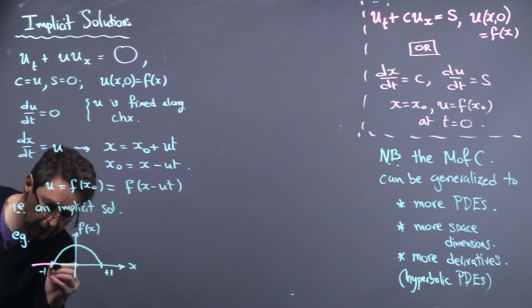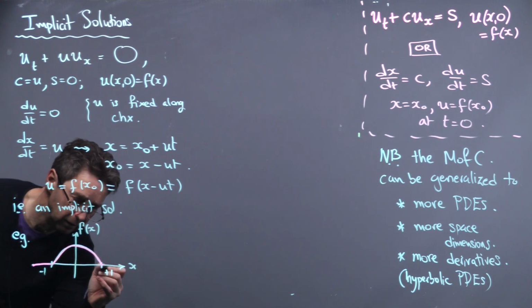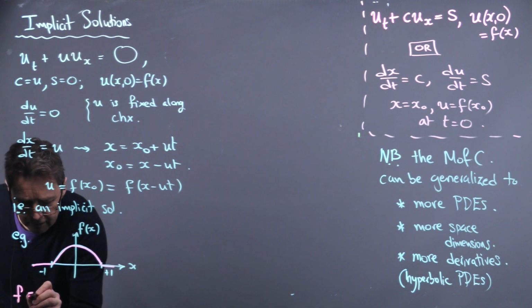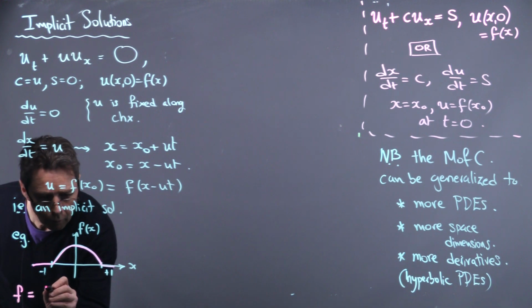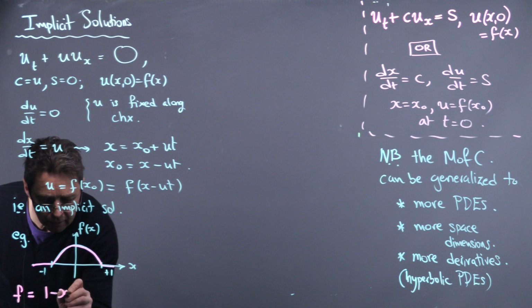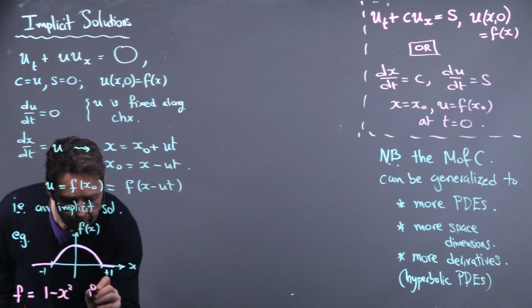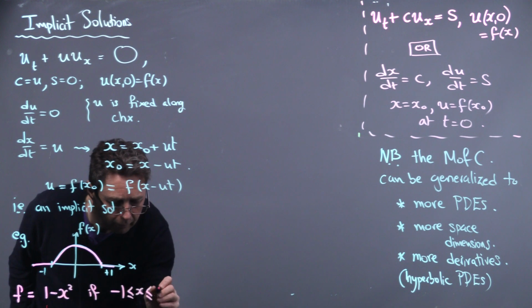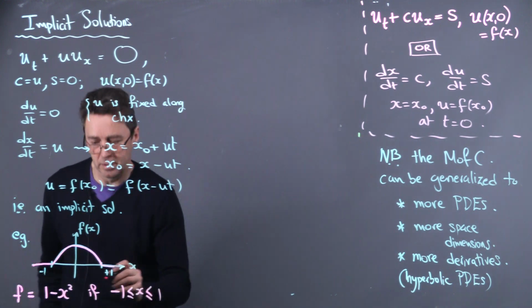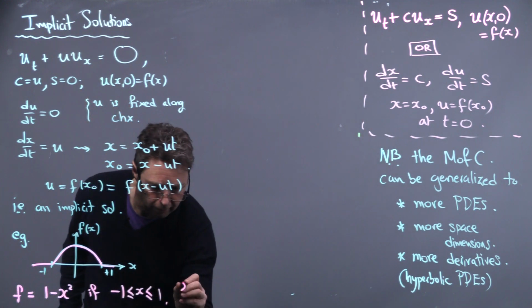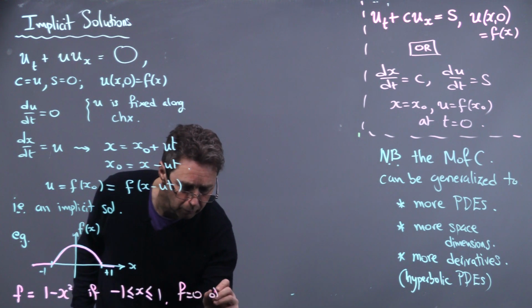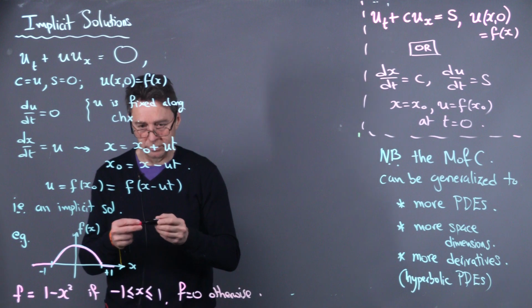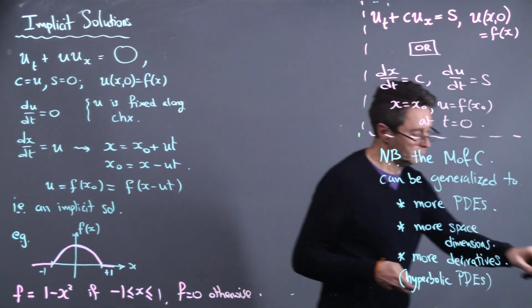It's this, and then that. So that means that f is equal to 1 minus x squared if I am between -1 and 1, and f is 0 otherwise. That's the initial condition. Okay?